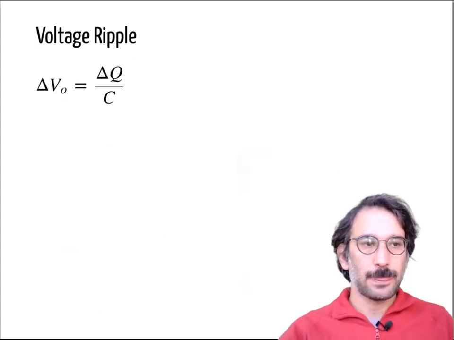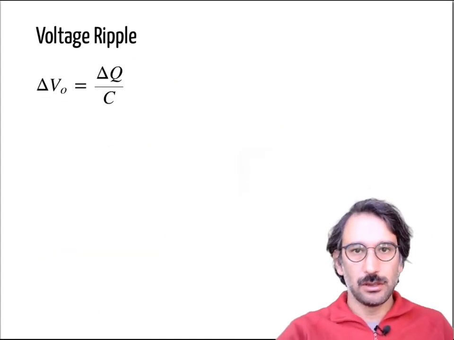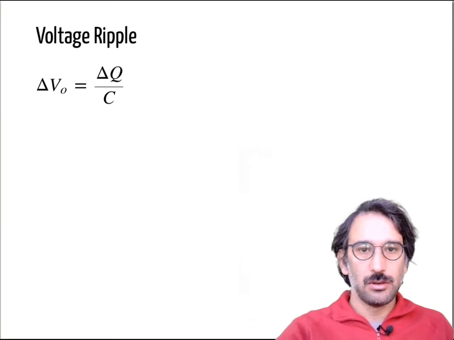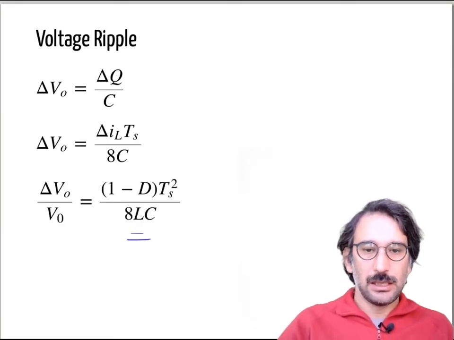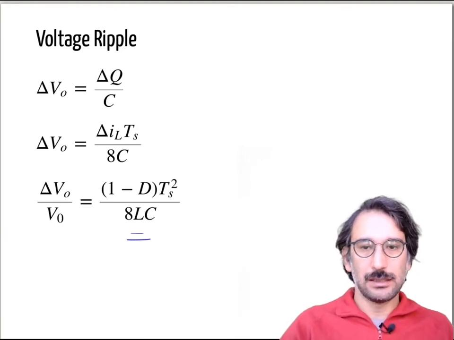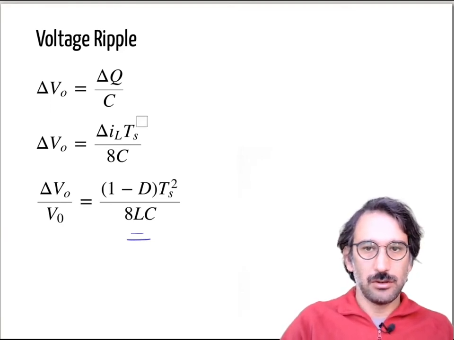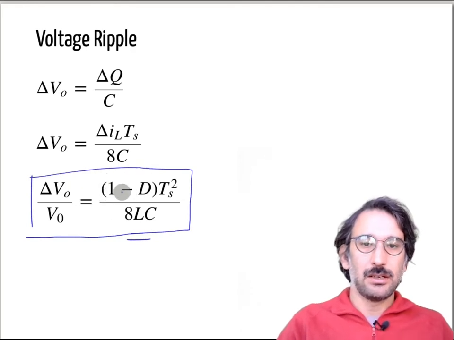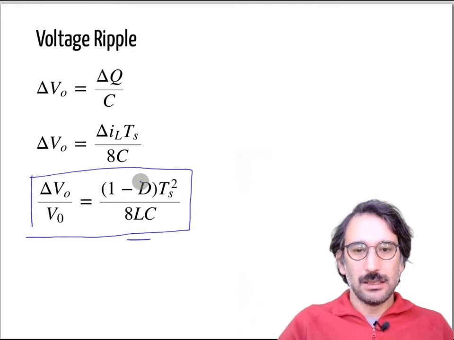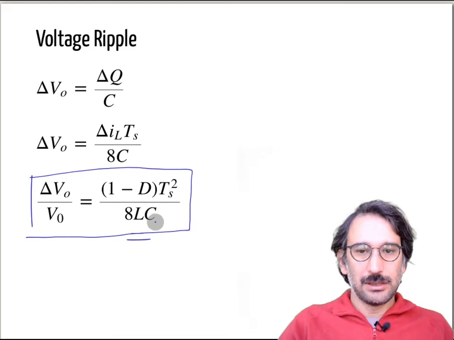Right, so now let's go over those equations. We derived that one, so at the end of the day, the ratio of the ripple voltage to the output voltage can be written like that. Let's talk a little about that equation.